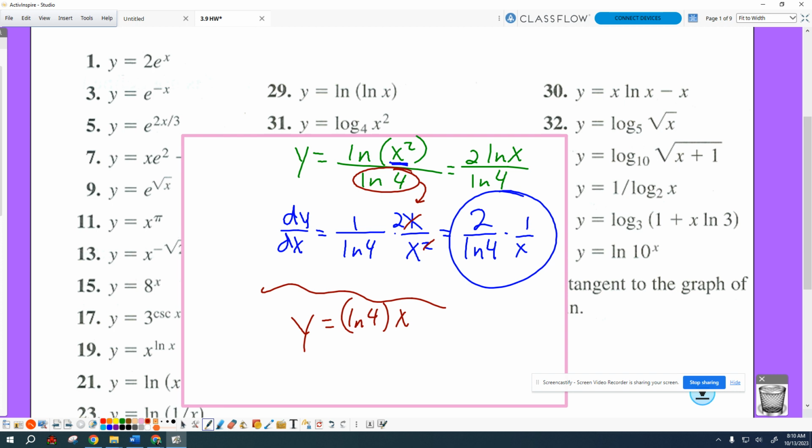What's the derivative of natural log of 4 times x? Just the natural log of 4? Okay, so as a constant, it's just there. Natural log derivative. I'm asking a different question. So this is some constant times x. What's the derivative of x? And then you multiply by the constant. This guy was just a constant.